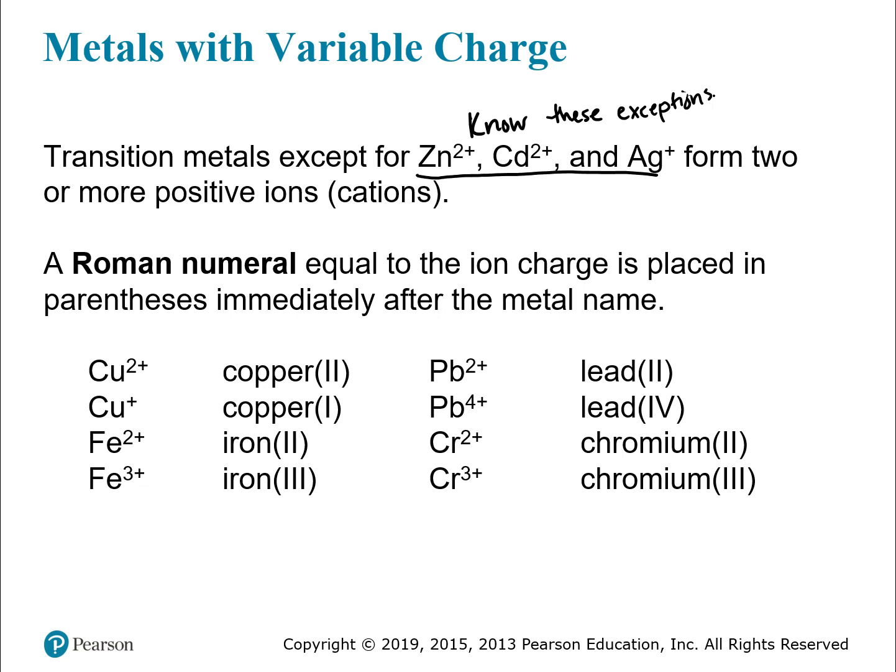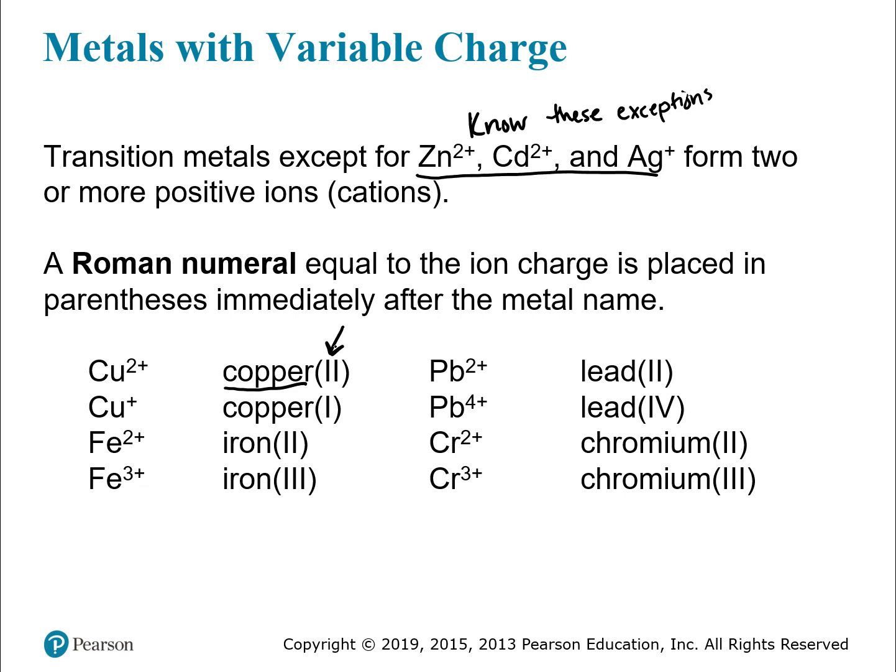When we're writing a chemical formula or writing a name for a chemical formula, we have to be able to specify which ion is being used here. When we're writing the name, you're going to write the name of the element, and then you're going to put the charge as a Roman numeral in parentheses right after it.